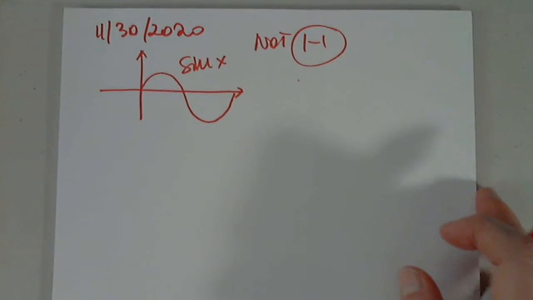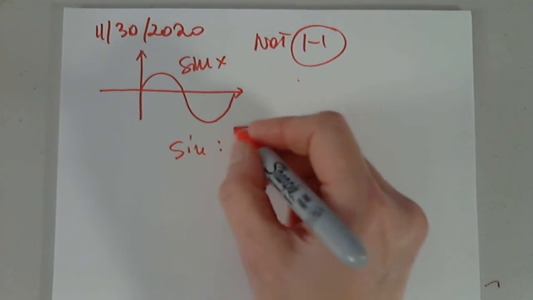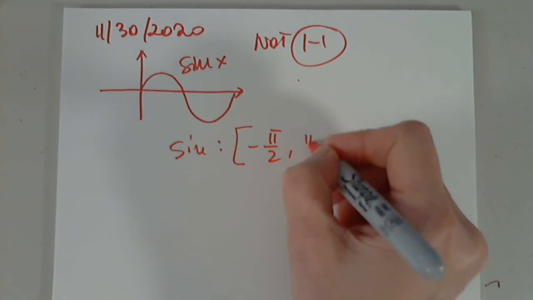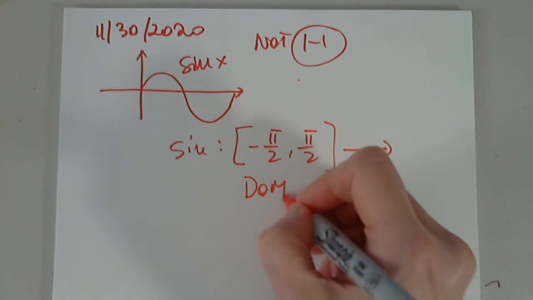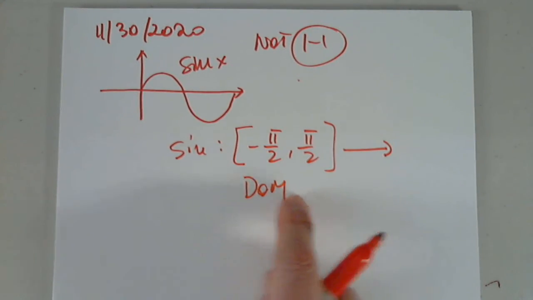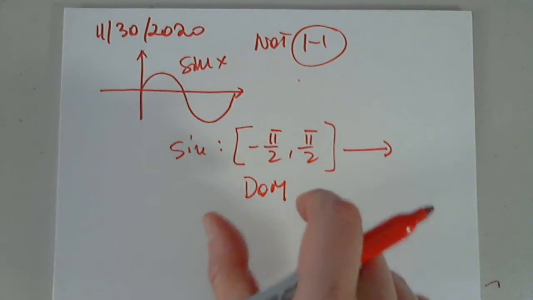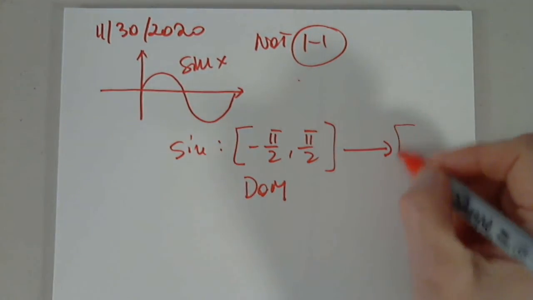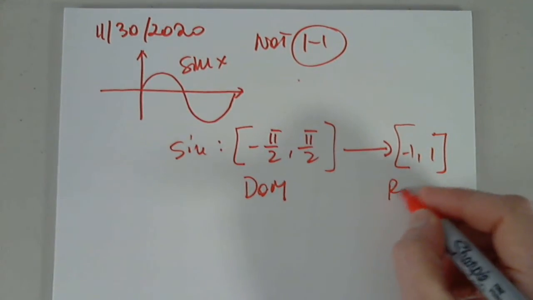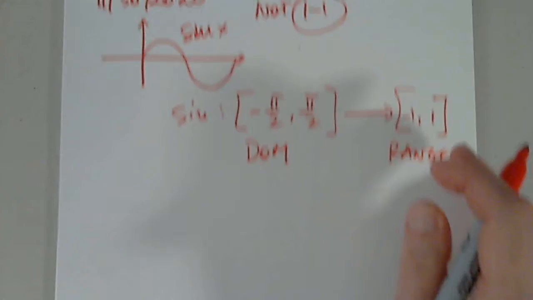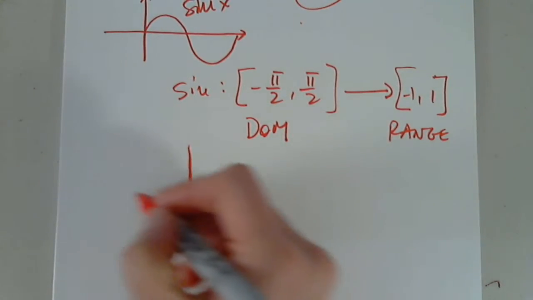Not so fast. We said that if we define sine between negative pi over 2 and pi over 2, with a range... so this is the domain, which is false. Sine is defined everywhere. But if we restrict the domain to negative pi over 2 to pi over 2, and the range will be negative 1 to 1, the function now, just for this purpose, will look like this.